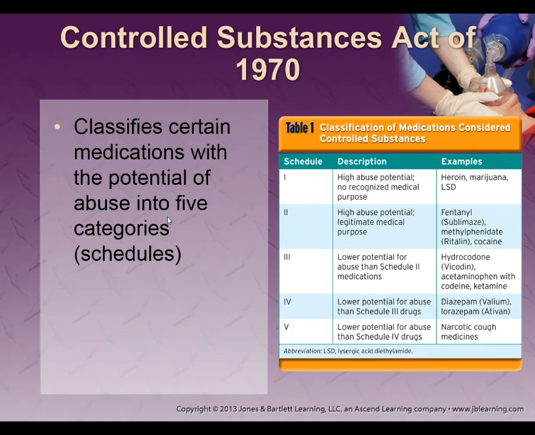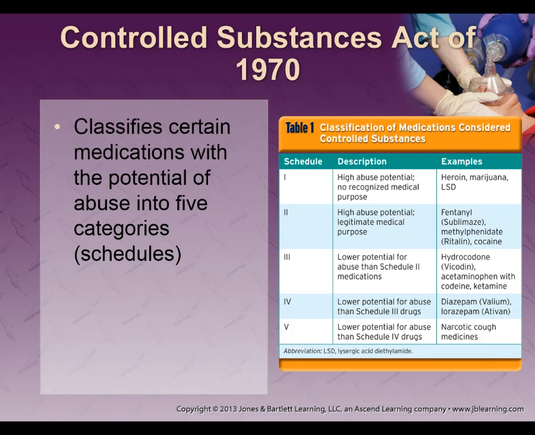Then 1 PO 3 times a day, number, and you can write the number sign, or as you guys know, the hashtag symbol, 120. Then you have to write out in words 120. There are very specific guidelines on how that prescription has to be written.